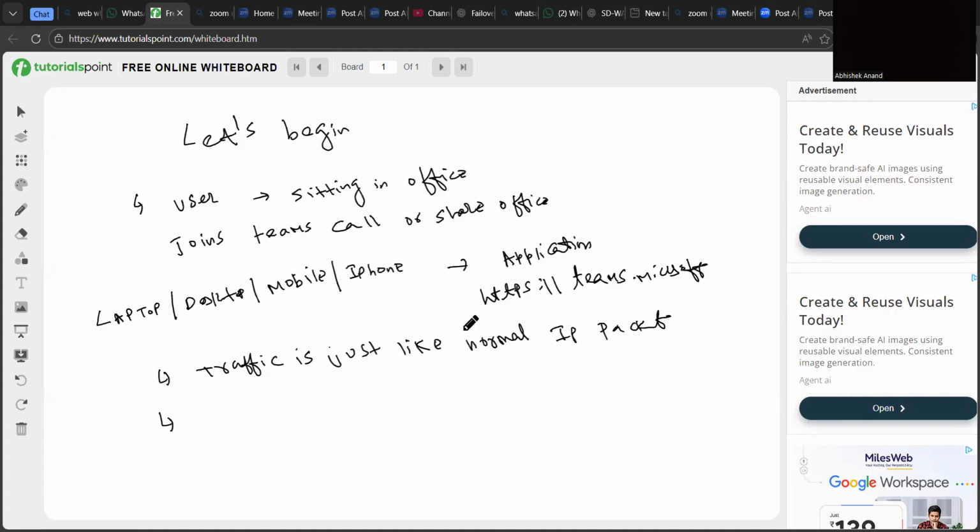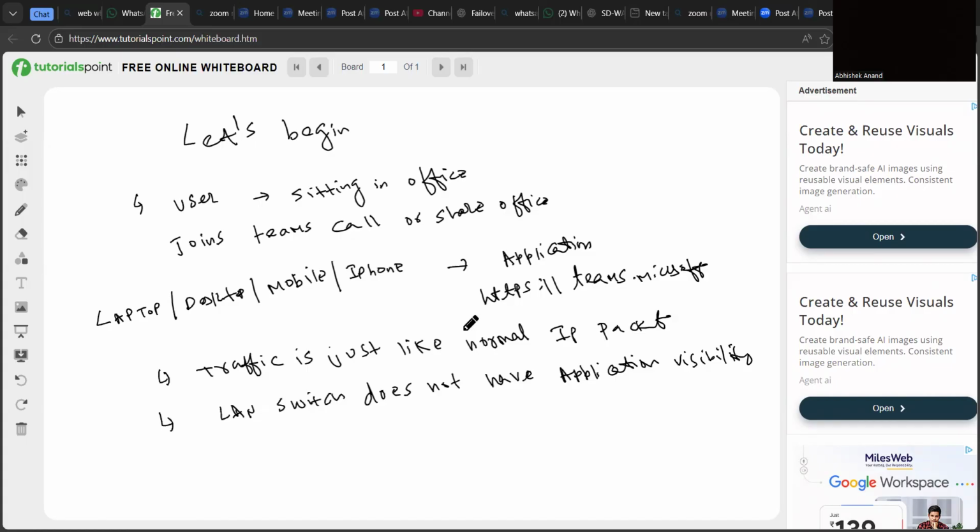So the LAN switch does not have any application visibility, right? The switches don't have any application visibility. I hope you are aware of this, right? The switches have no visibility of any application.